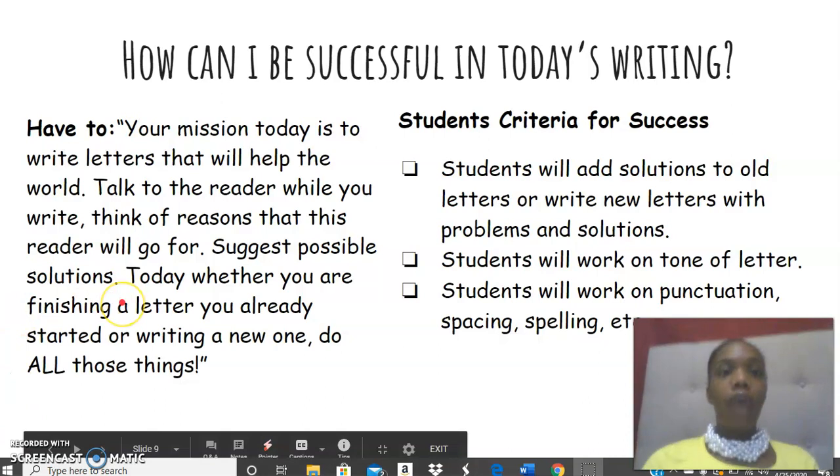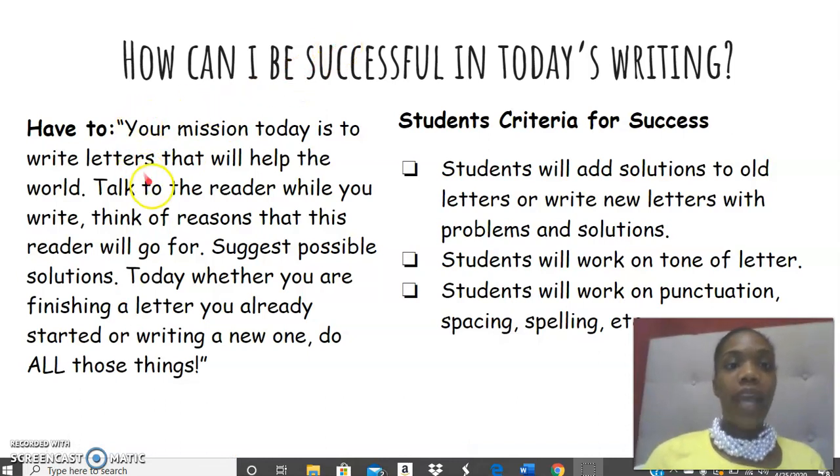All right. So, how can I be successful in today's writing? Your mission today is to write letters that will help the world. Talk to the reader while you write. Think of reasons that this reader will go far. Suggest possible solutions.